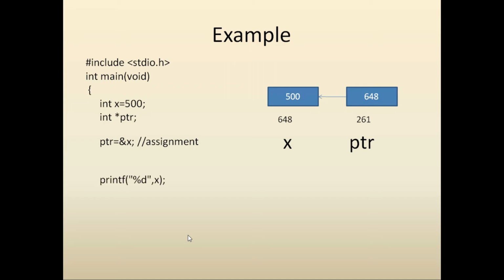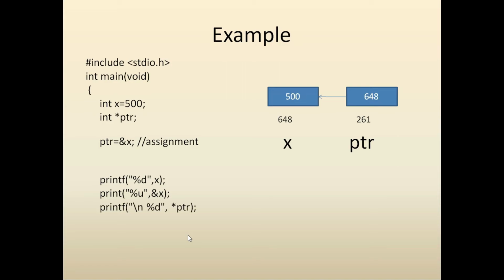First of all, if I print x, I will get the value of x. What is that? 500. And if I print ampersand x, that means the address or memory location of variable x. What is that? 648. Now ptr.